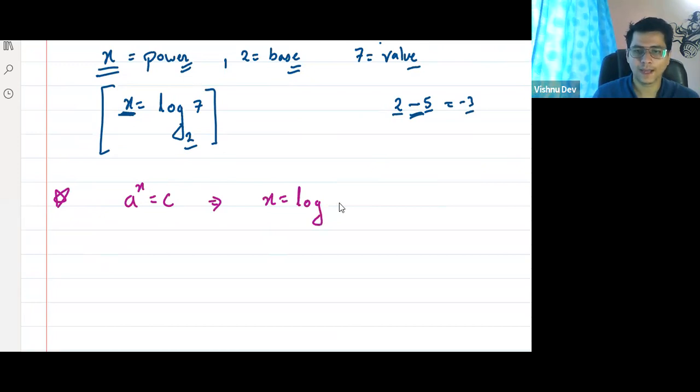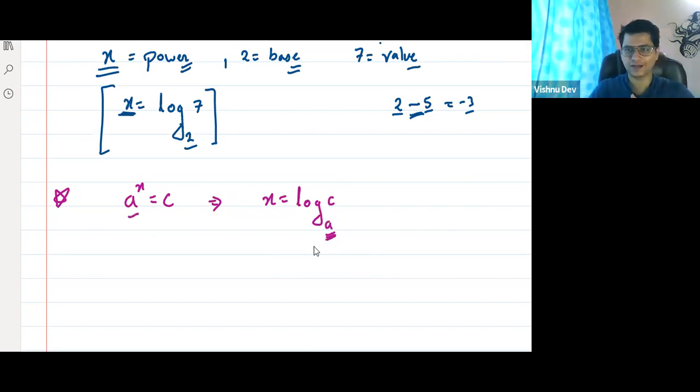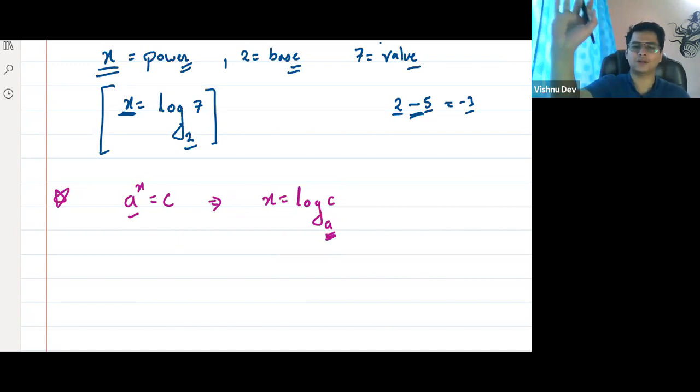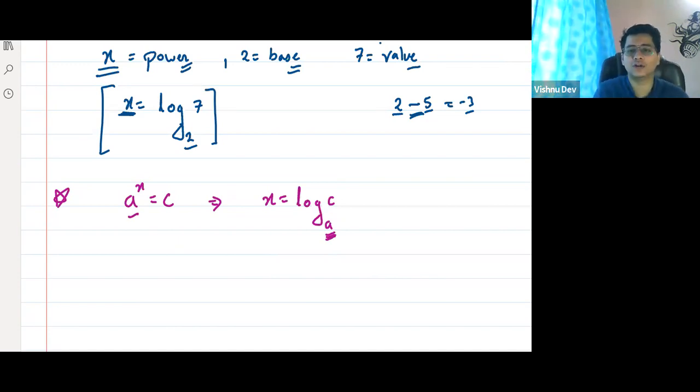Now x is equal to log of the value c, base a. The base is always at the bottom, base niche rahega. Clear hai? Yes or no? Yes, sir. Clear. So what's the meaning of log?